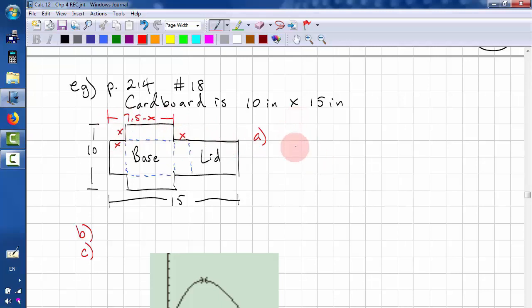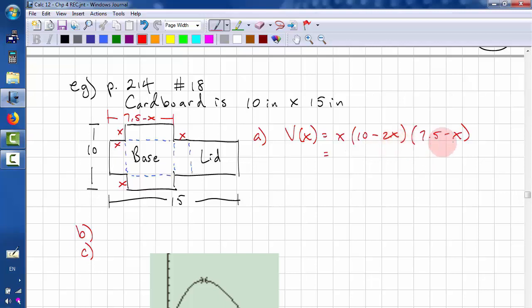Okay, so V, our volume, based on x, is x times (10 minus 2x) times (7.5 minus x). So it's 10, but we take off an x there and an x there. And then we have 7.5 minus x. So you do have to expand this because it's easier to take the derivative. If we don't expand this, you're going to need to use the product rule.